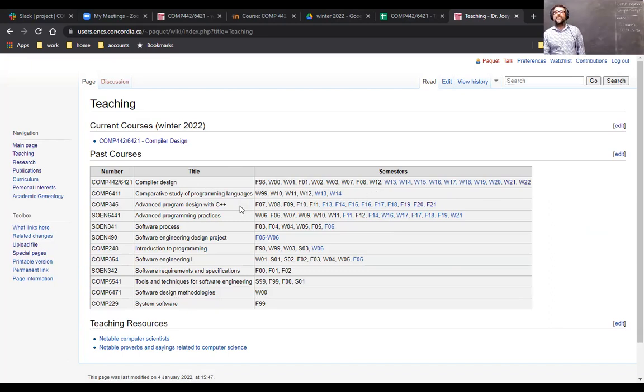The courses I'm teaching are basically revolving around the notion of design or use of programming languages. I've taught also a little bit of software engineering courses, but mostly, again, from the perspective of how to use programming languages in a software engineering context.